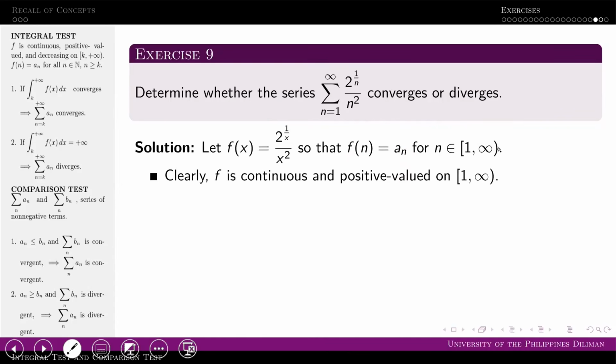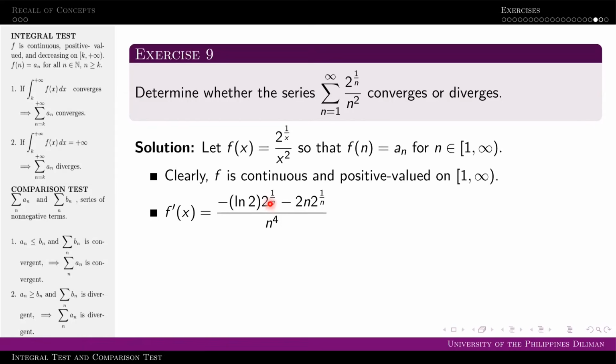So, it's clear naman na positive valued siya and continuous on 1 to infinity. So, we can now proceed with taking the derivative, which is just this equation. Pero palitan nyo si n ng x, okay? So, pwede naman nating i-factor out yung negative and still, no, x dapat yung mga to since we are taking the derivative of f.